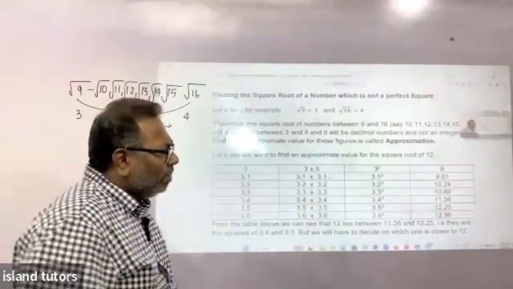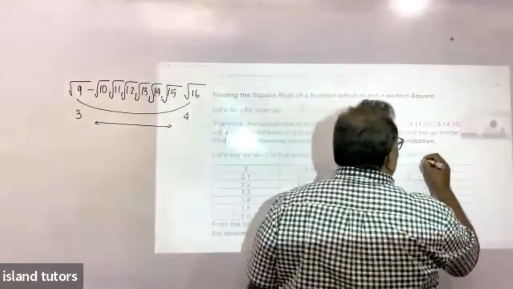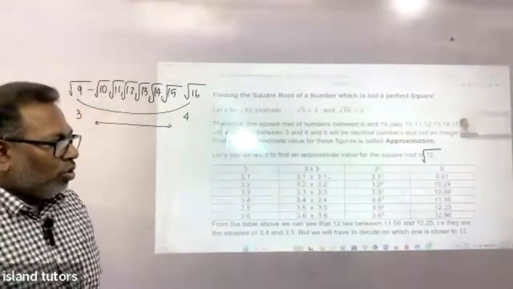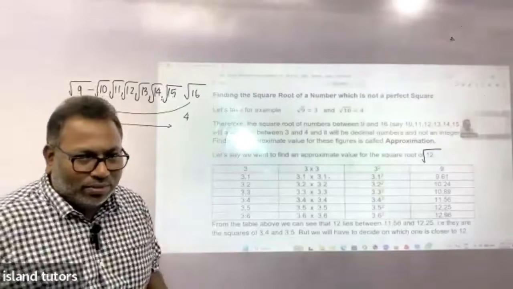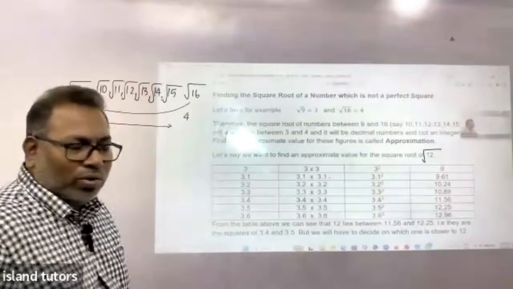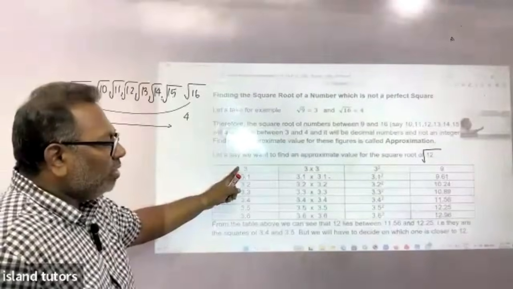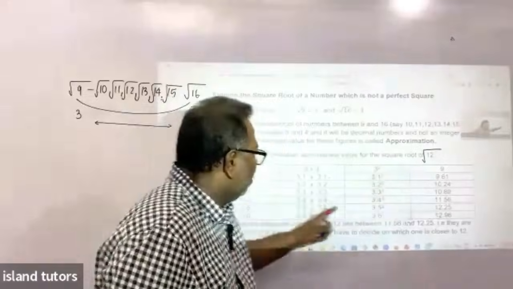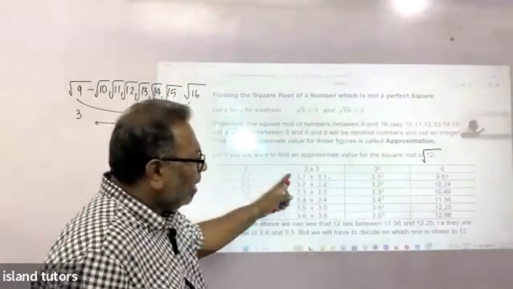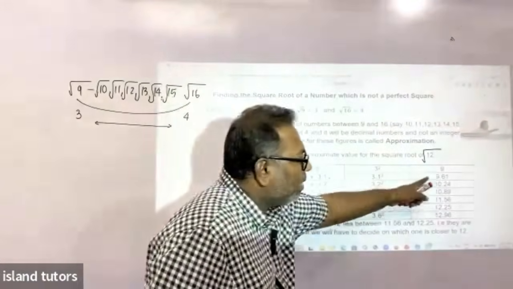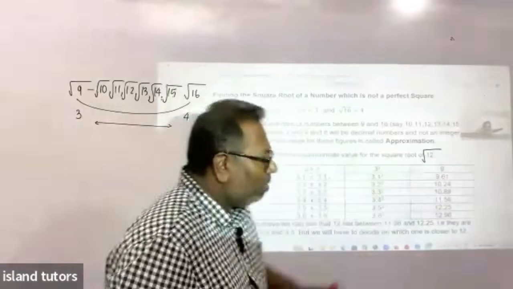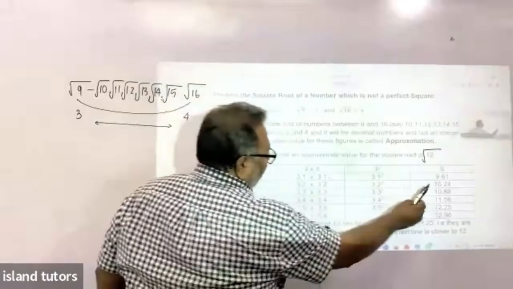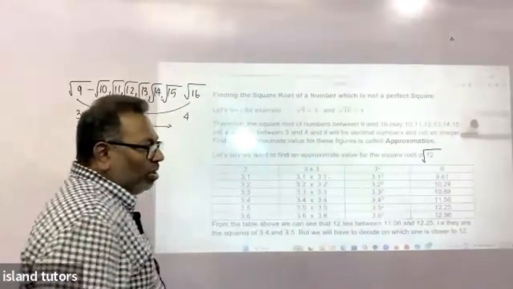Right, so let's take an example. We want to find the square root of 12. If I want to find the square root of 12, I know 3 multiplied by 3 is 9. 3.1 multiplied by 3.1 is 9.61. 3.2 multiplied by 3.2, I'm getting 10.24.